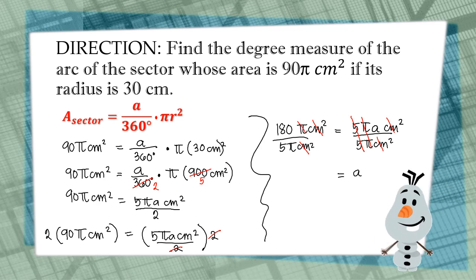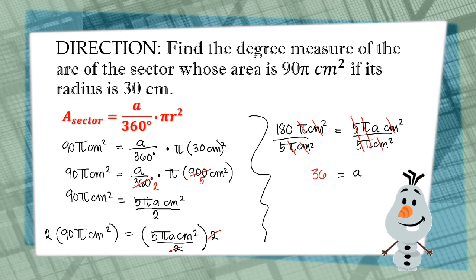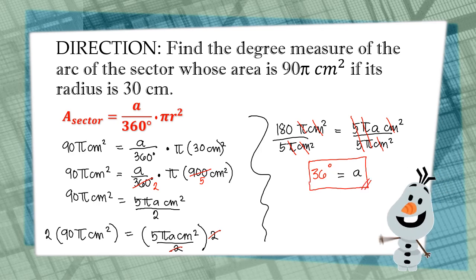Pi divided by pi as well is 1. 180 divided by 5, it would be what? 36. Okay, but since we're talking about degree measure of the intercepted arc, we need to put degrees. So 36 degrees is the measure of our intercepted arc.